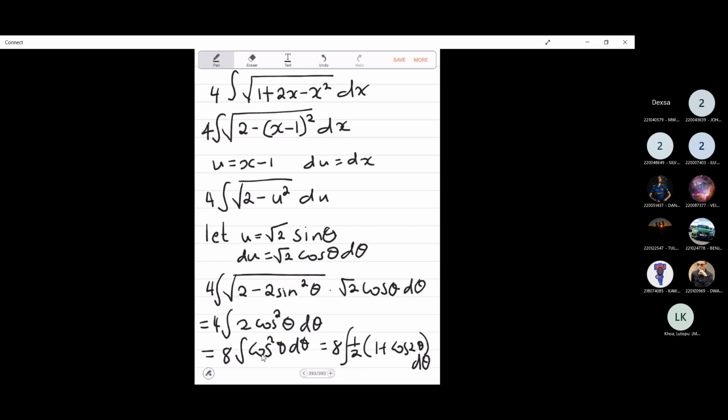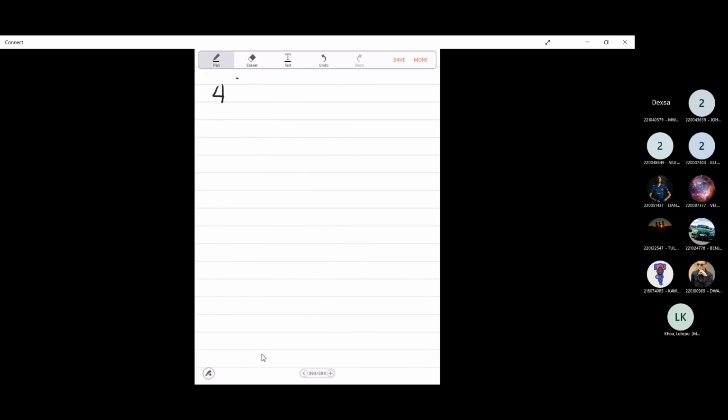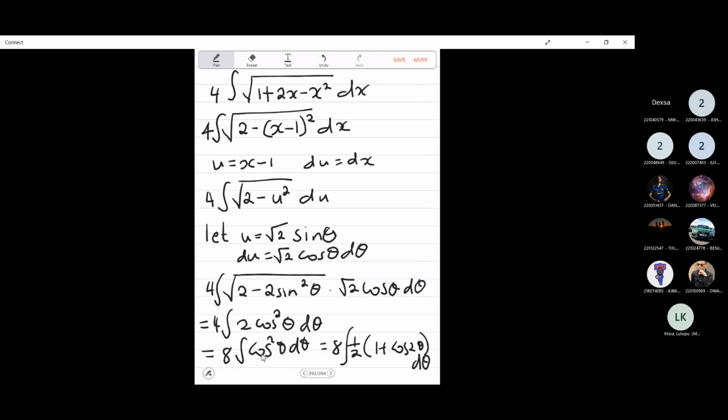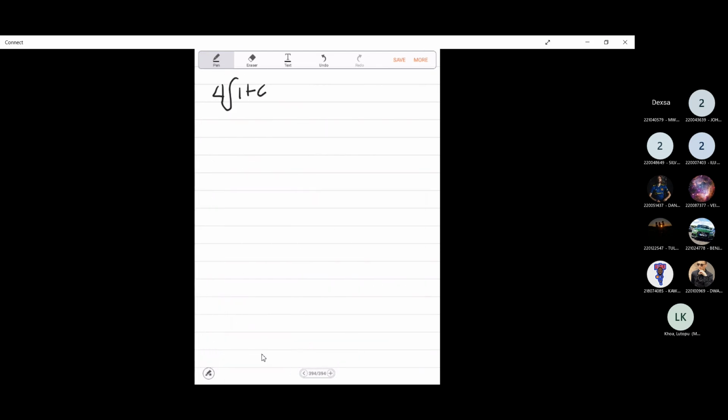Then the half and the 8 will cancel, so I have 4 integral of 1 plus cos 2 theta d theta, and this is 4 theta plus the 4, and then I have sine 2 theta divided by 2, and then my constant of integration. Okay, those can cancel. This is 4 theta plus 2 sine 2 theta plus c.